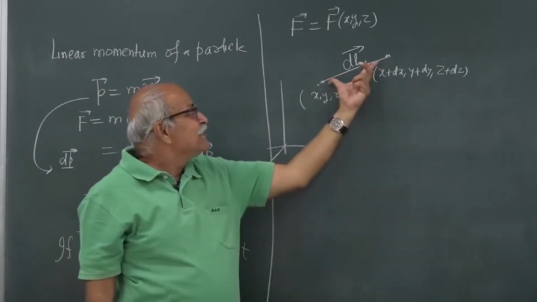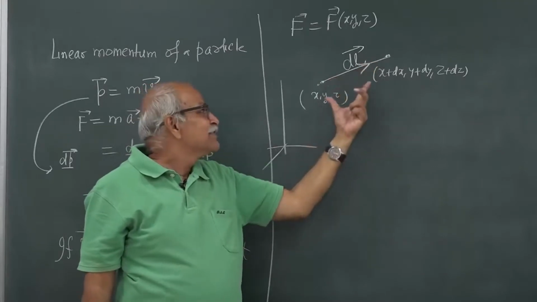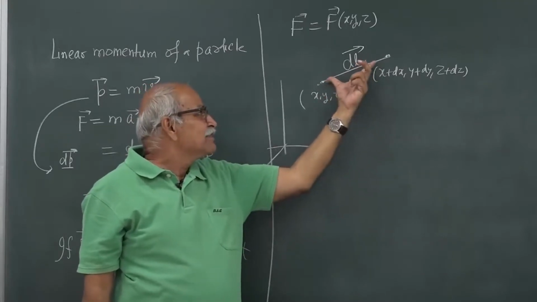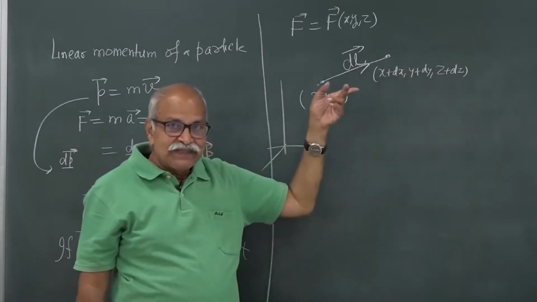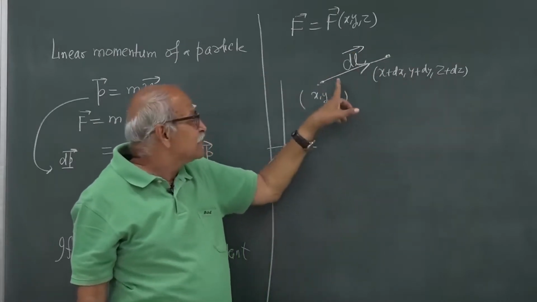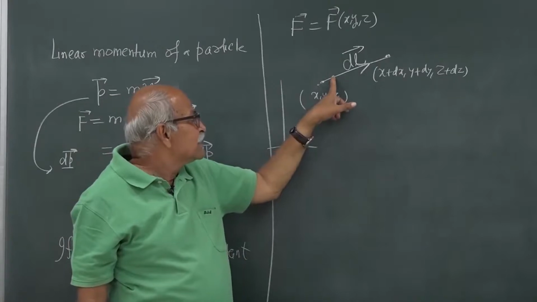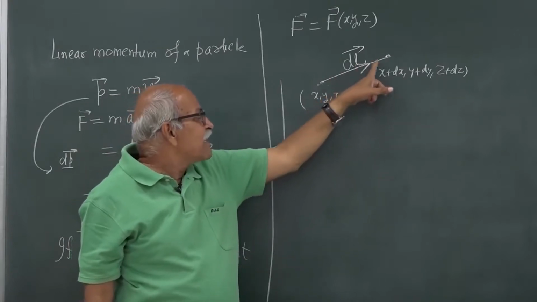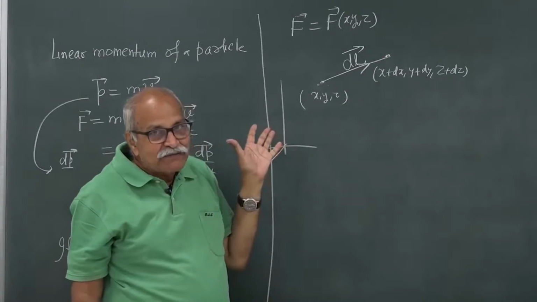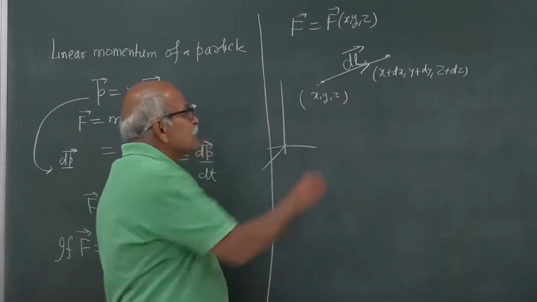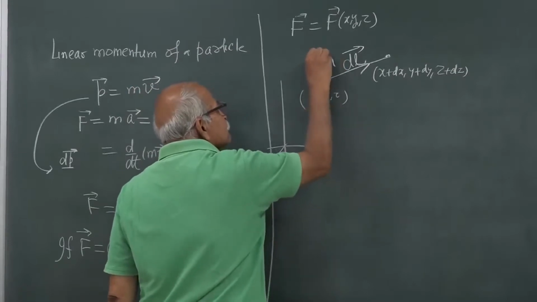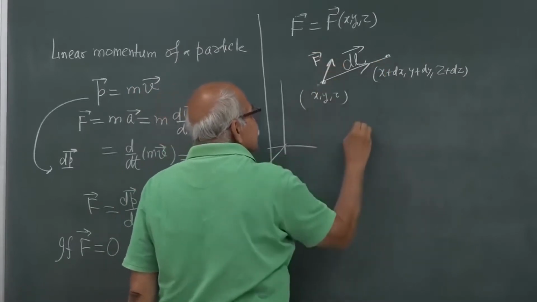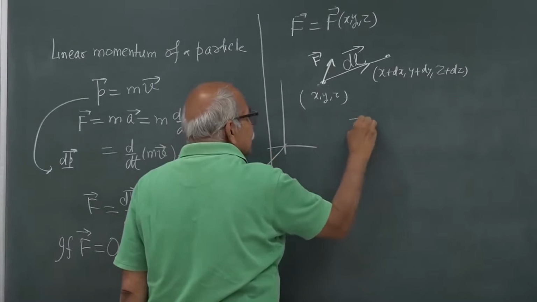If this displacement is infinitesimal, if dx, dy, dz are infinitesimals, then I need not worry whether the force varies from point to point within it; it is so small. Whatever the force is here, I can take that as F, and this is dl. You construct this quantity F dot dl.